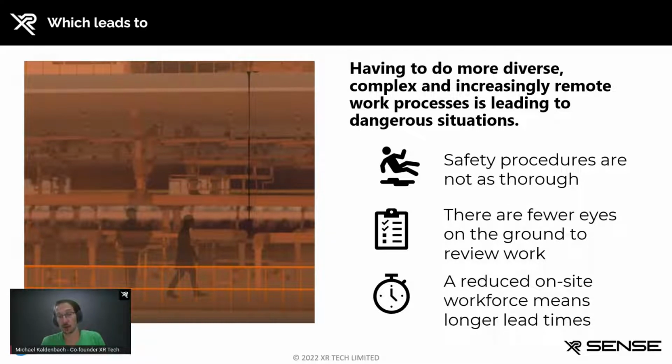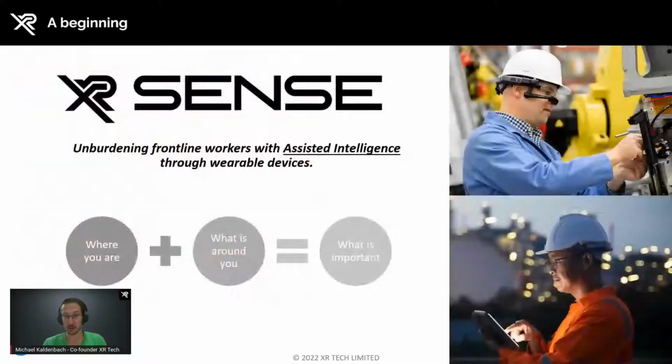And a fundamental outcome of that is, if you're looking at a reduced on-site workforce, that also means you're going to have longer lead times getting the expertise to go from point A to point B, capturing and figuring out the root cause analysis. Everything gets slowed down. And obviously, we're introducing more and more tools from digitalization and other areas to assist. But as humans, we can only do so much. And fundamentally, that is the playing field that we started looking at.